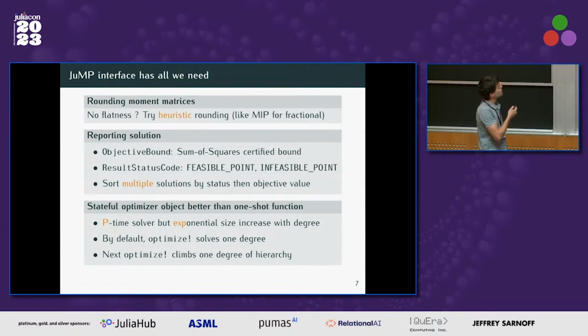So as I explained, if we don't have the flatness property, we can still obtain a heuristic that obtains good solutions. And then we need to report the solution. We have the objective bound attribute in MOI. This is perfectly what we need to return the bound obtained by the sum of squares.